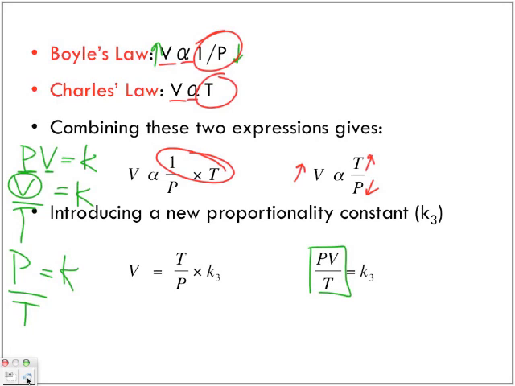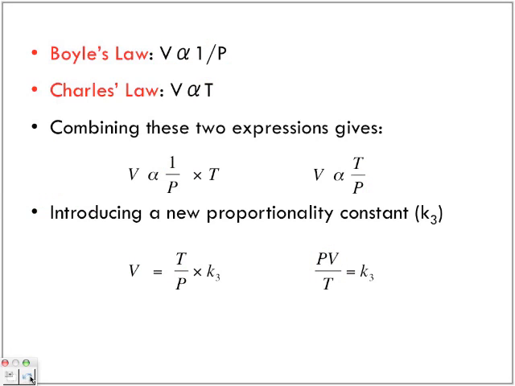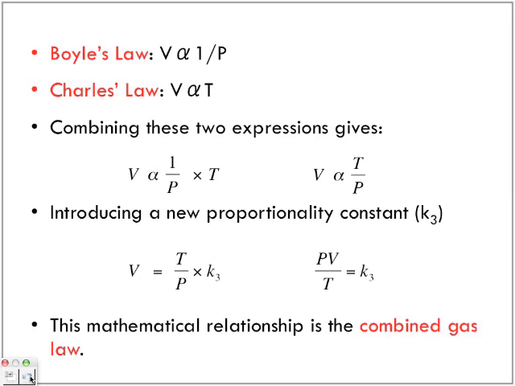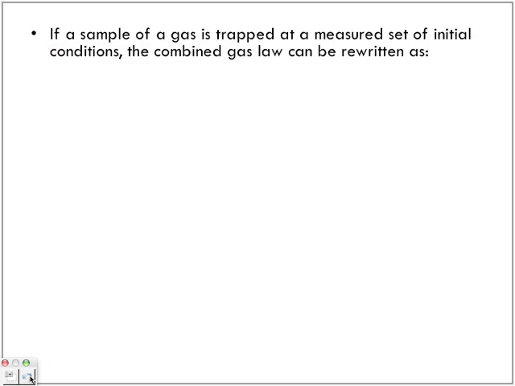So this mathematical relationship is known as the combined gas law, and we can actually look at it in terms of an initial pressure, volume, temperature with respect to a final pressure, volume, temperature. So if a sample of gas is trapped at a measured set of initial conditions, the combined gas law can be rewritten as follows.